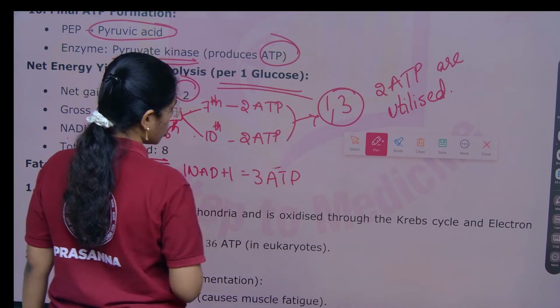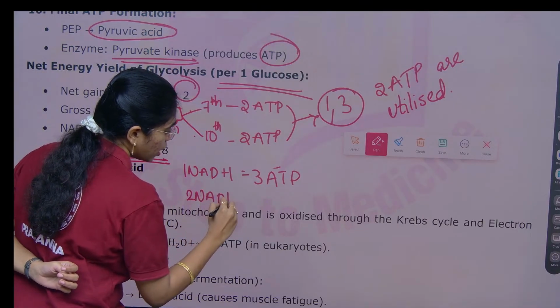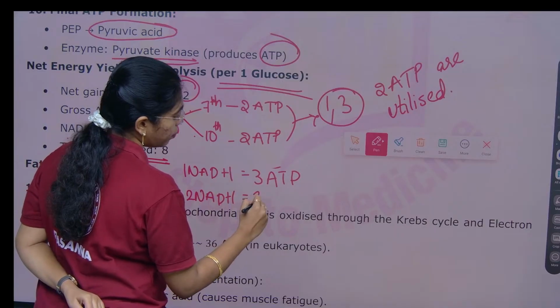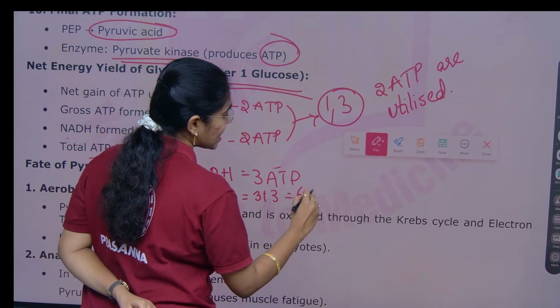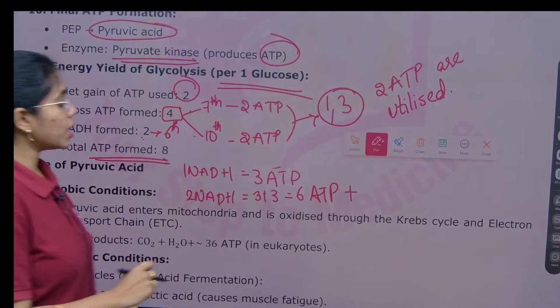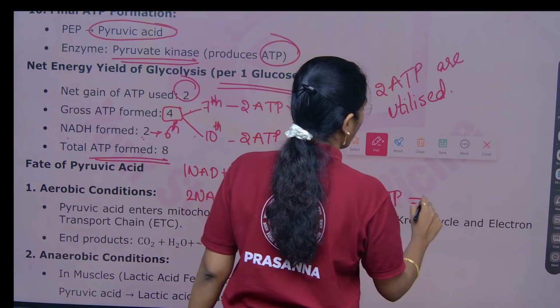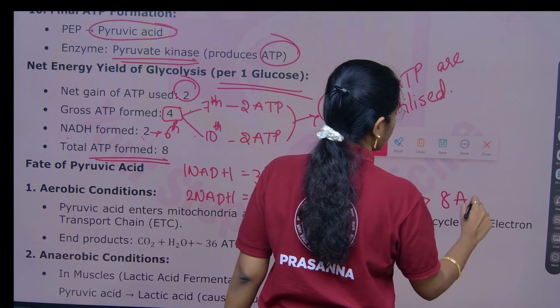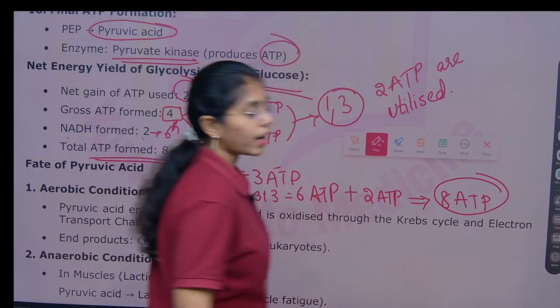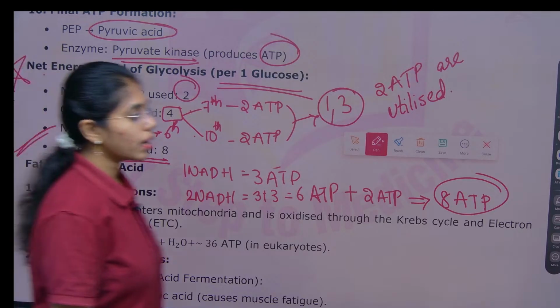Fine, 1 NADH is equal to 3 ATP. 2 NADH is equal to 3 plus 3, that is 6 ATP. 6 ATP plus the net gain of ATP, which is 2, right? 6 ATP plus 2 ATP, in total it is 8 ATP. This is the bioenergetics, very important, you have to highlight this in the exam. Clear, right?